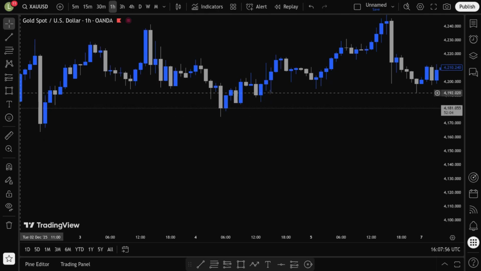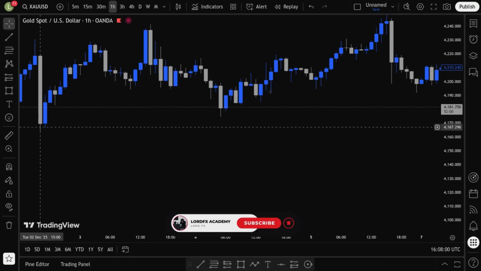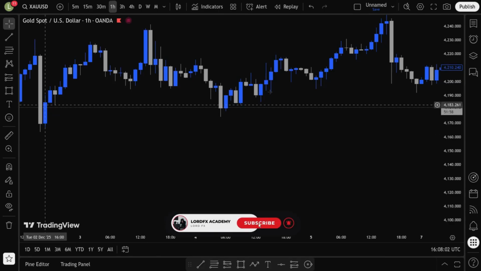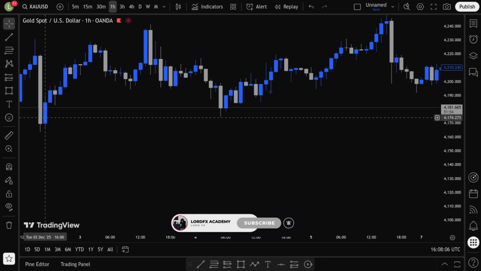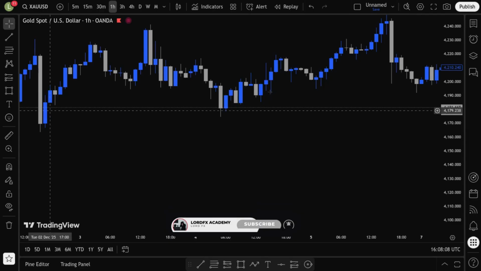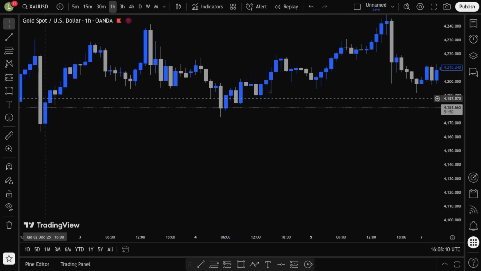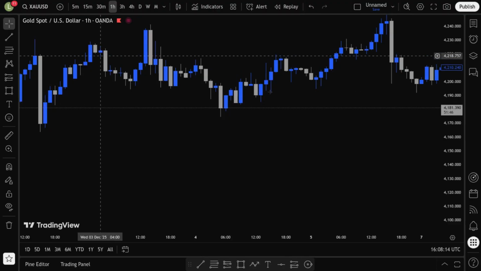What happened? Sellers came and pushed the market towards the downside, but sellers couldn't take it lower. A buy candle came up here. So this alone shows you to get ready for a buy. So we are expecting price to go towards the upside, right?